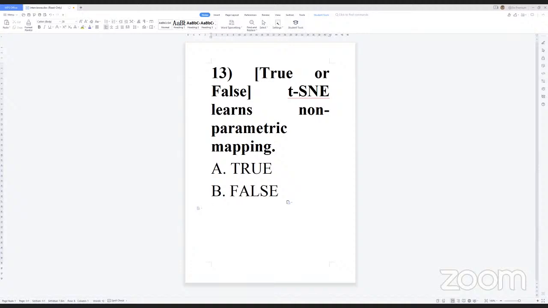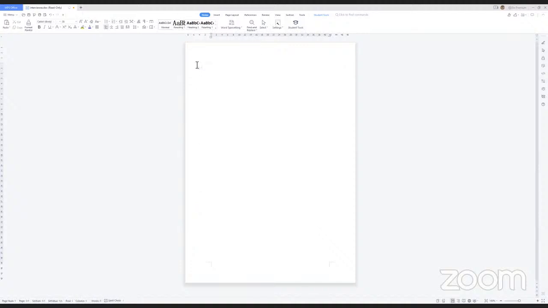The answer is A, it's true. It learns non-parametric mapping. You cannot use parametric mapping in the t-SNE algorithm. Okay, we'll go to the next question.